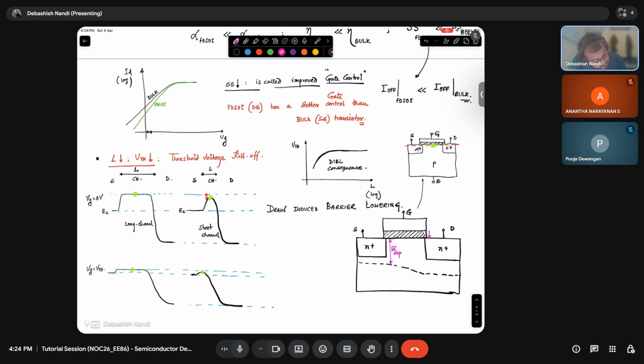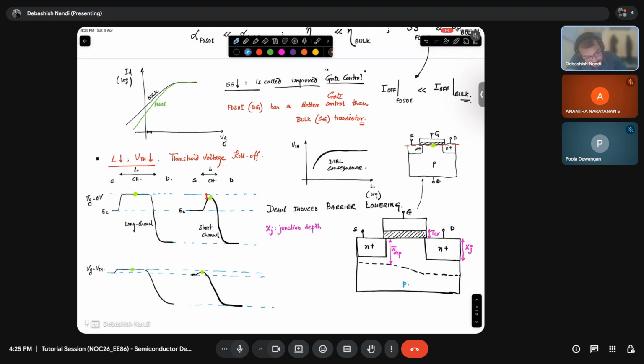This dimension is your Tox, and this dimension, let's say, is your Xj. So Xj is also called junction depth. It is the source and drain depth, in the P-type substrate.